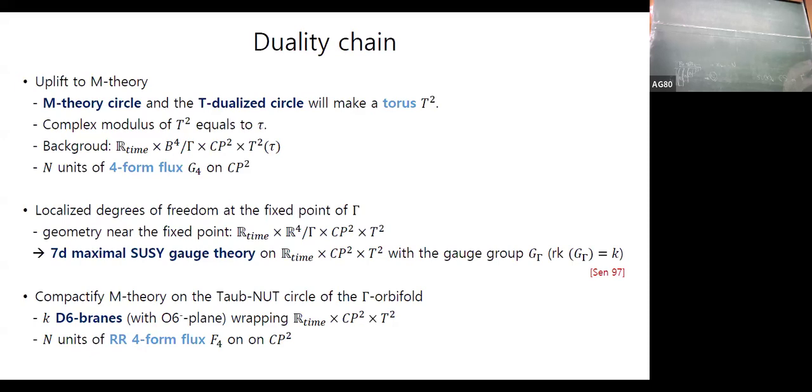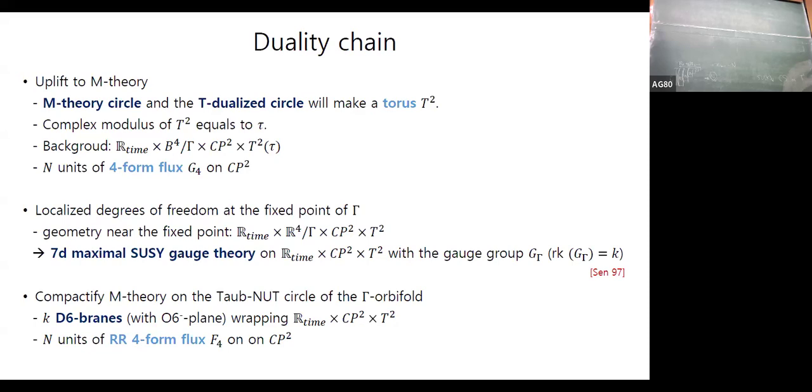So if you didn't do the duality, you would have just got R4 mod gamma times S5, right? On what circle do you do the T-duality? No, don't do it. Then you just look near the singularity. It's just R4 mod gamma times S5.